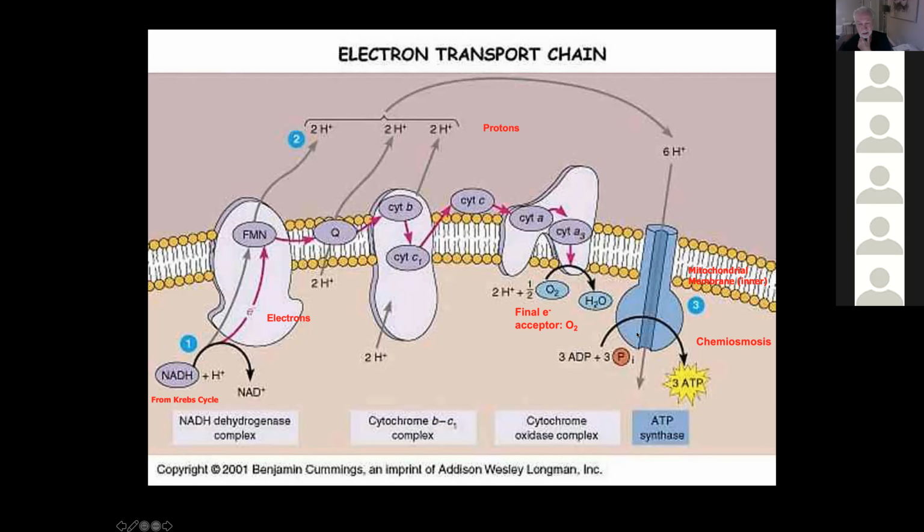And that's what actually generates the ATPs. So electrons moving through the membrane, protons accumulating on one side of it, they provide the energy to synthesize ATP from ADP.